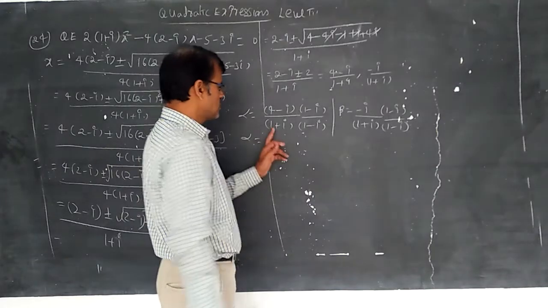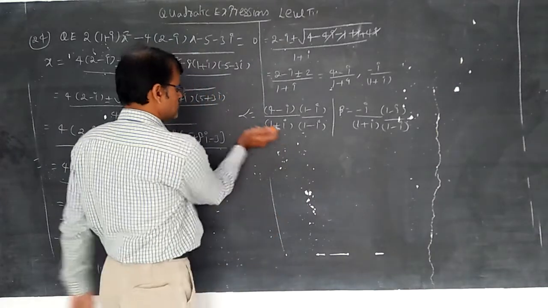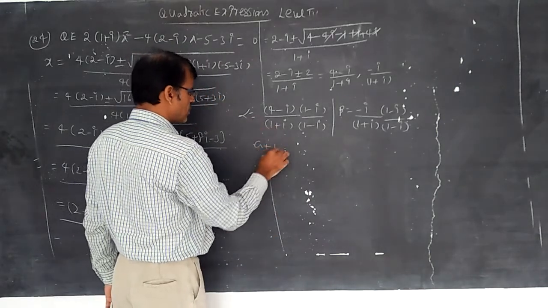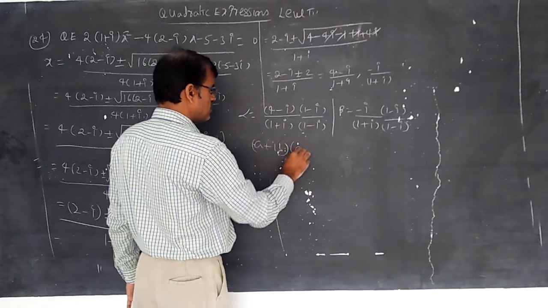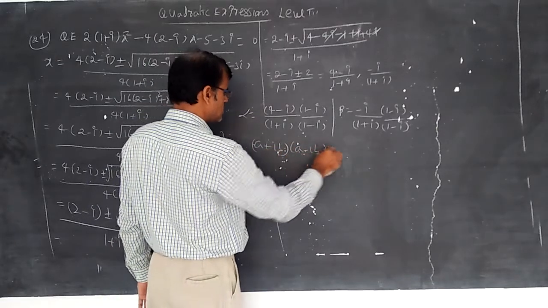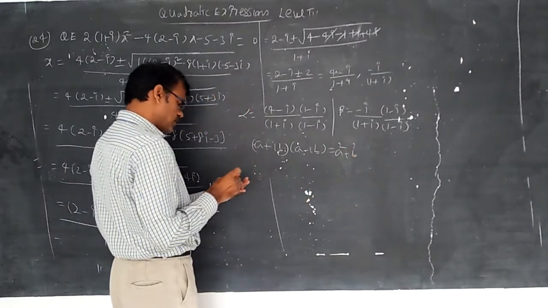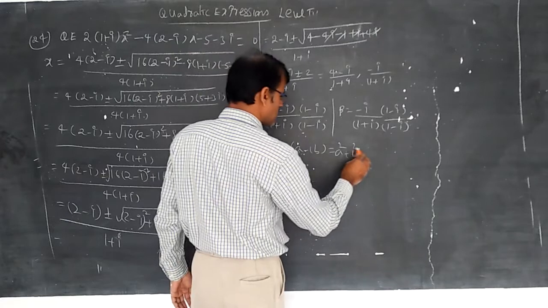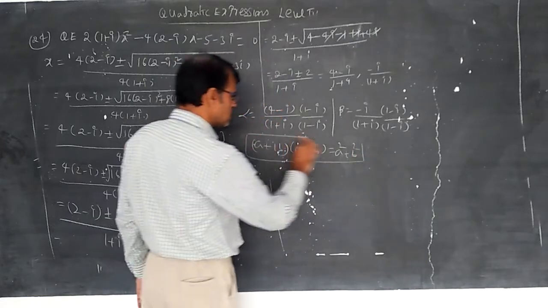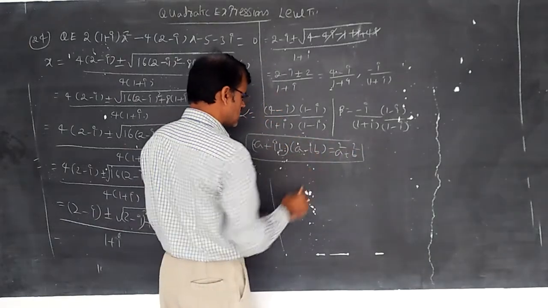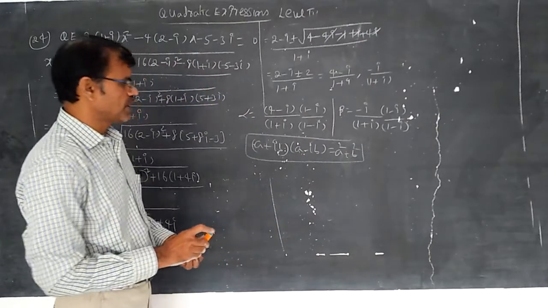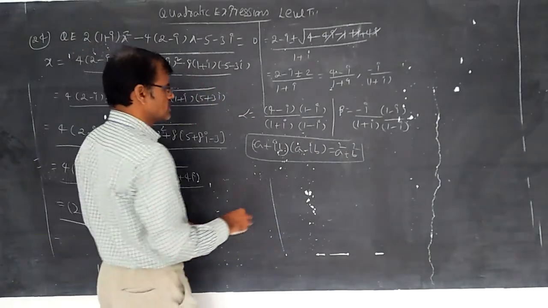Here I am making you remember the formula. a plus ib into a minus ib is equal to a square plus b square. Students, a plus b into a minus b is a square minus b square. In the same concept we use this, i square, so a square minus i square b square becomes a square plus b square.